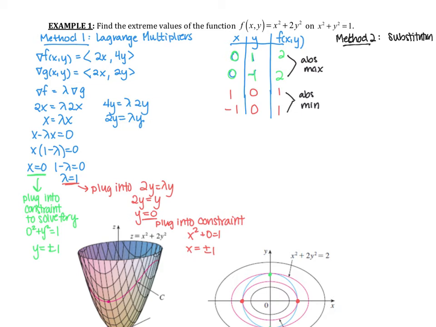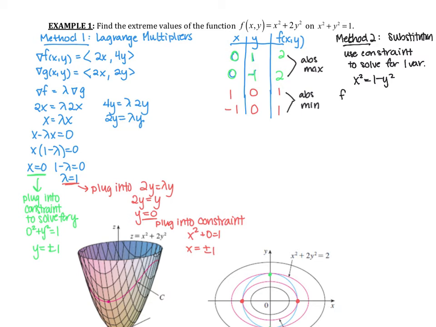When we use substitution, what we're going to do is use the constraint to solve for one variable. And so let's say we get x squared equals 1 minus y squared. I'm actually going to leave it as x squared and I'll show you why.